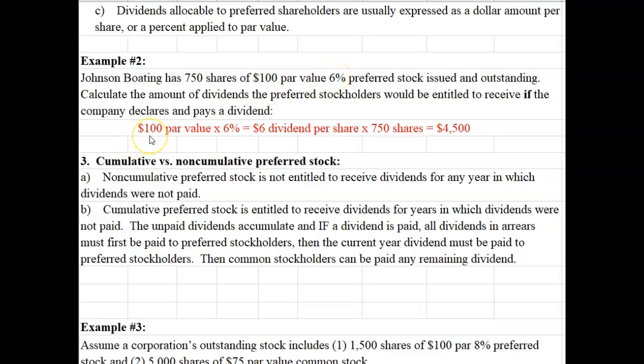So $100 par value times the 6% equals a $6 dividend per share times the 750 shares issued and outstanding equals $4,500. If a company declares and pays a dividend, the preferred shareholders in this case are entitled to receive the first $4,500 of the dividend declared and paid.